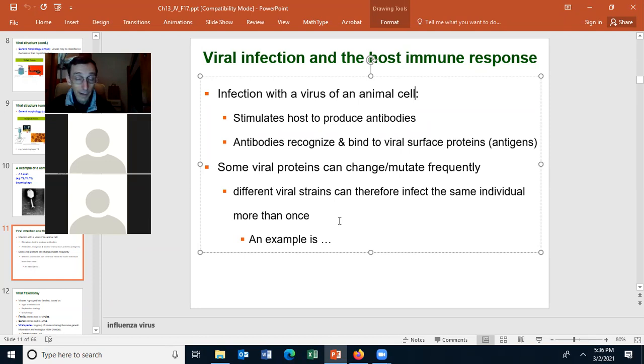The flu is a virus that changes very rapidly. Many viruses do not change rapidly. An example is the polio virus. The vaccines were developed in the 1950s, and we're still using those same vaccines to immunize people against polio.